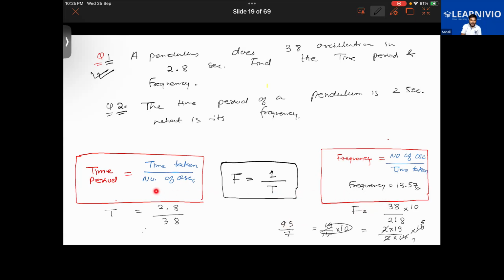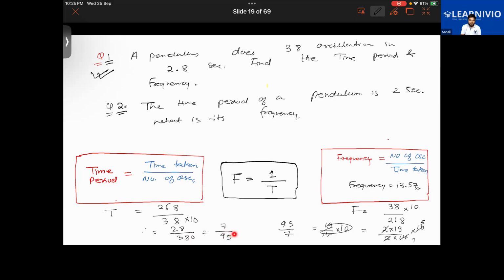And for the time period, you can carry out the same approach. You remove the decimal, and in the denominator it will be multiplied with 10. So this is now 28 upon 380. Getting it, guys? After simplification, this will be simply 7 upon 95, isn't it? 7 4s are 28 and 4 95s are 380, so we have written it as 7 upon 95.